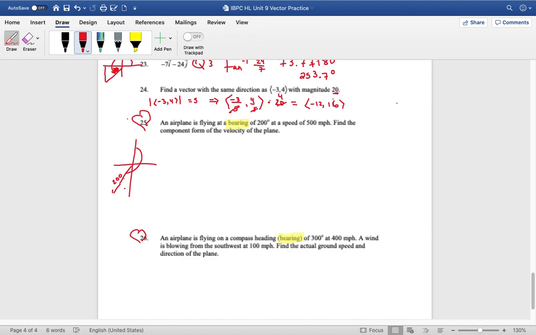Oh, it's 200 degrees, my bad, but the speed is 500. I meant to write 500 there. But this bearing is 200 degrees.